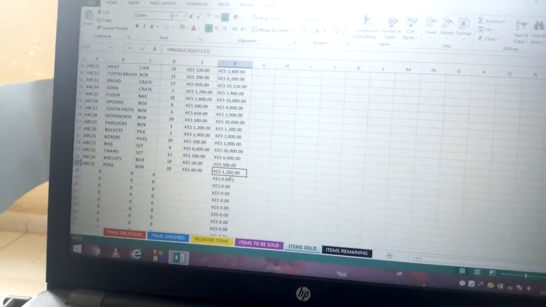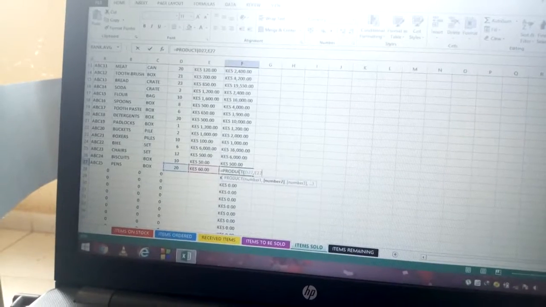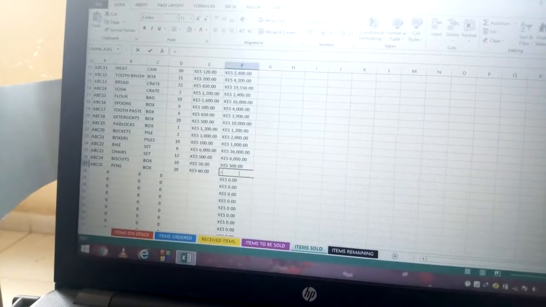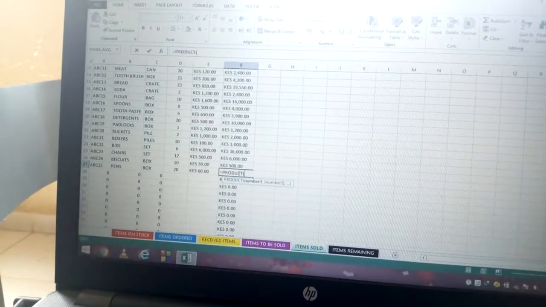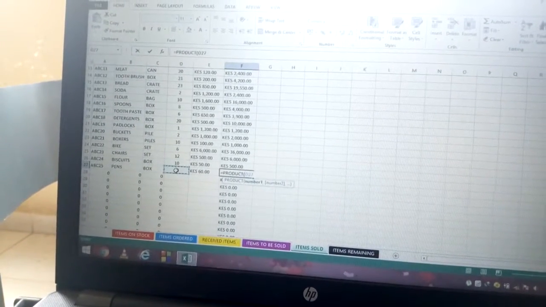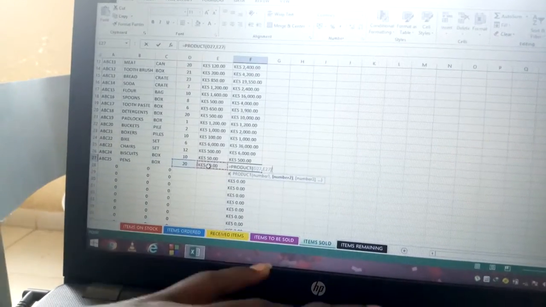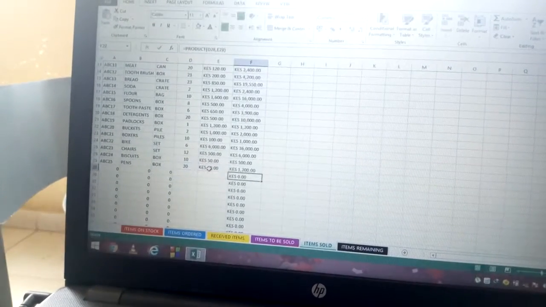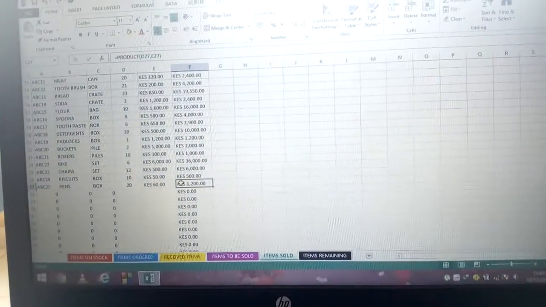The same process: you use the equal sign, then product, the quantity sold and the price at which you sell the item. It brings you the product of the two, which is your sales income.